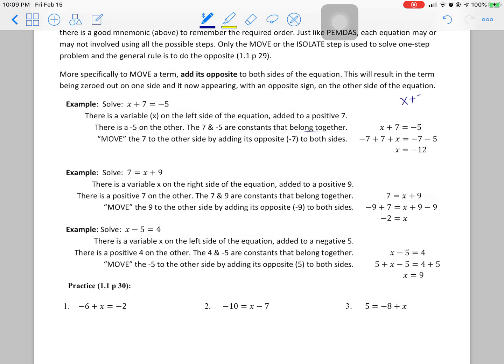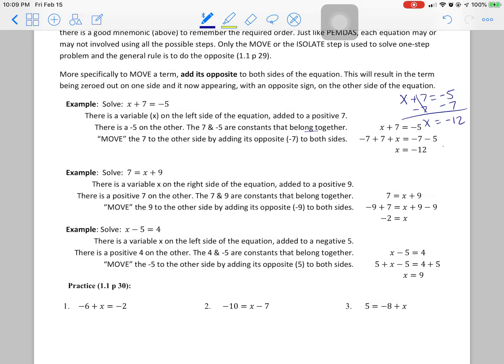So x plus 7 equals negative 5. Add its opposite to both sides. x is going to equal negative 12. Okay? This is the horizontal, that's the vertical way.